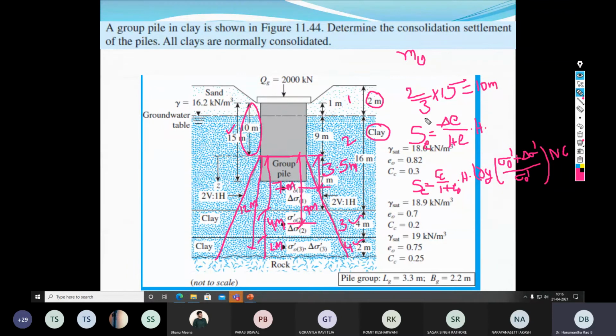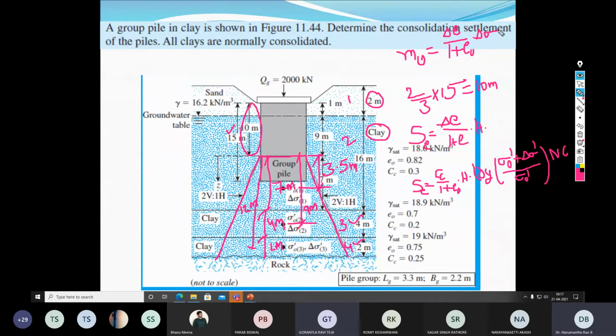If in the exam mv is given, this is also one of the consolidation coefficients. mv, coefficient of volume compressibility, is delta e by 1 plus e naught into delta sigma.